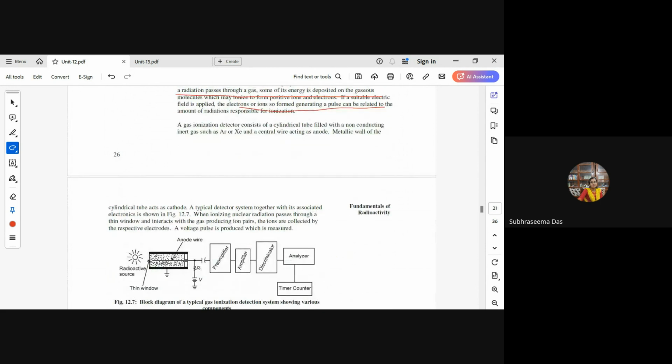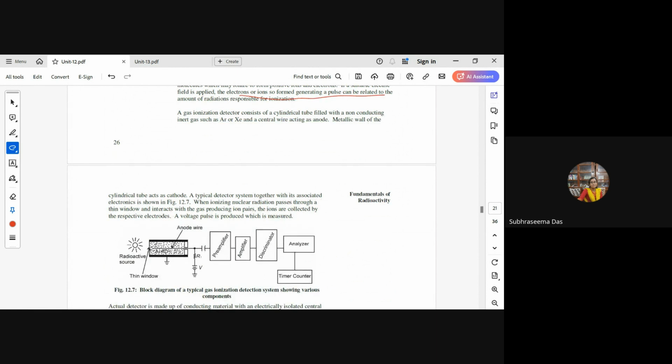In figure 12.7, a block diagram of a typical gas ionization detector is shown. It consists of a cylindrical tube filled with a non-conducting inert gas such as argon or xenon, and a central wire which acts as the anode. The metallic wall of the cylindrical tube acts as the cathode.